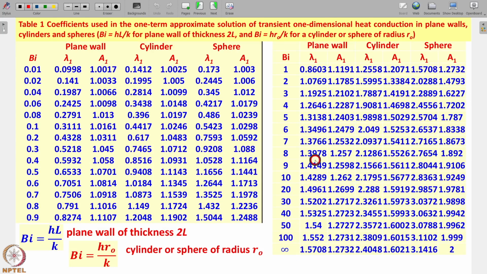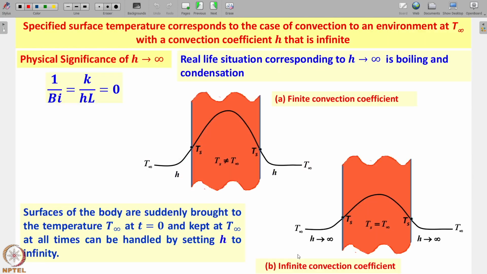So for boiling, or if the heat transfer coefficient is very large, what does that mean? Let's understand this a little slowly. If the heat transfer coefficient is very large, 1 by Biot number is 0, it actually becomes a constant wall temperature.